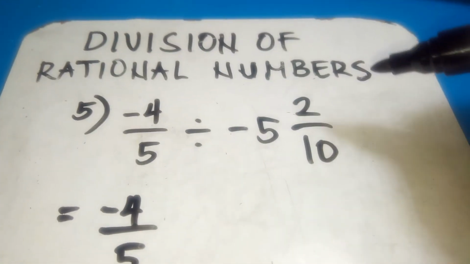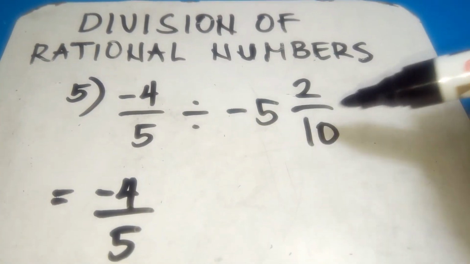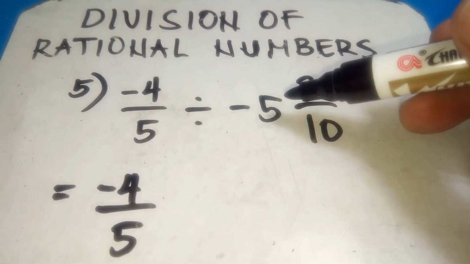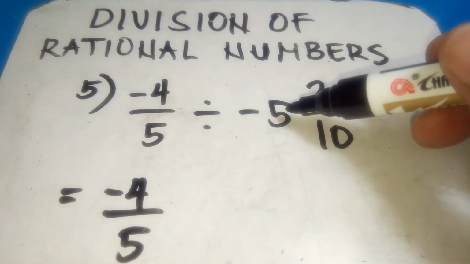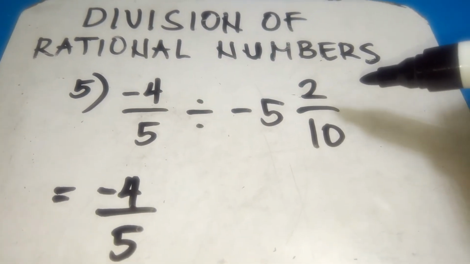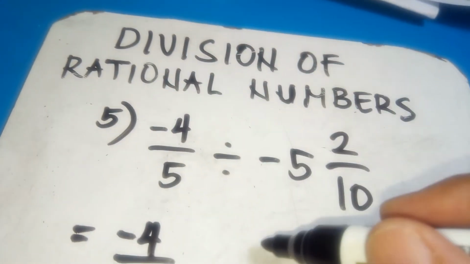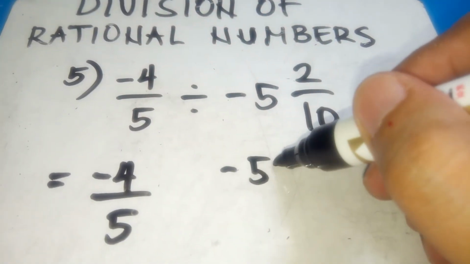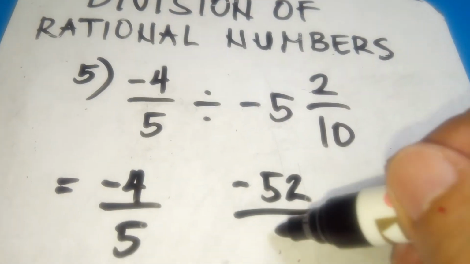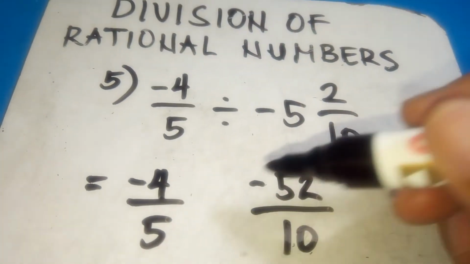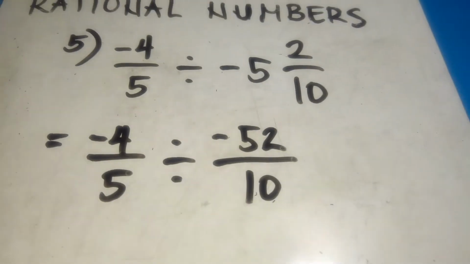But this time our divisor is a mixed number, so I'll have to convert it to an improper fraction. That's 5 times 10 plus 2, so that's 52. Since it's negative, it's negative 52 over 10.